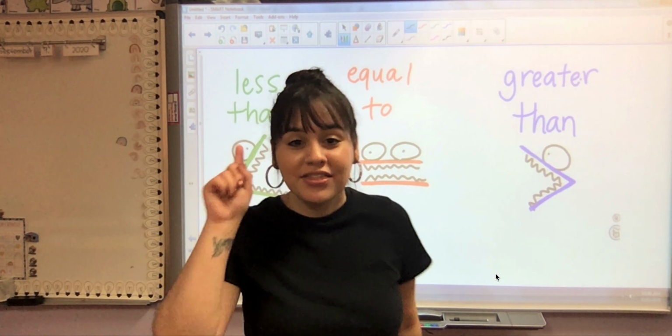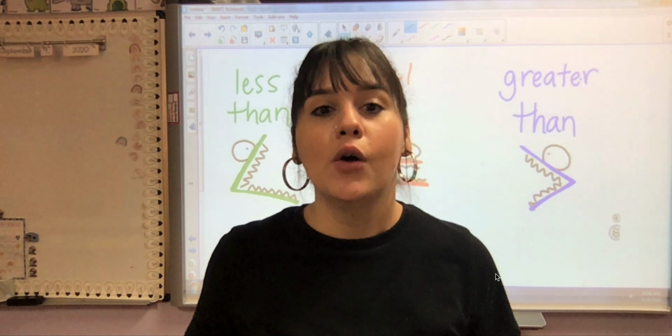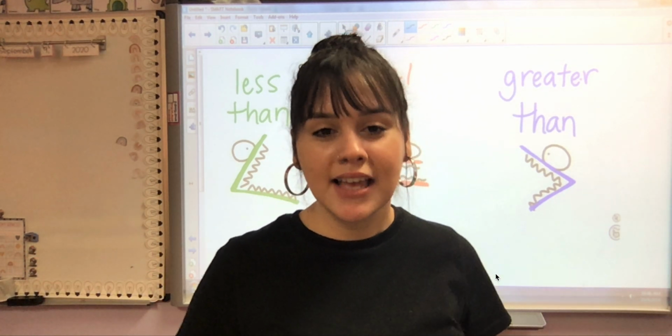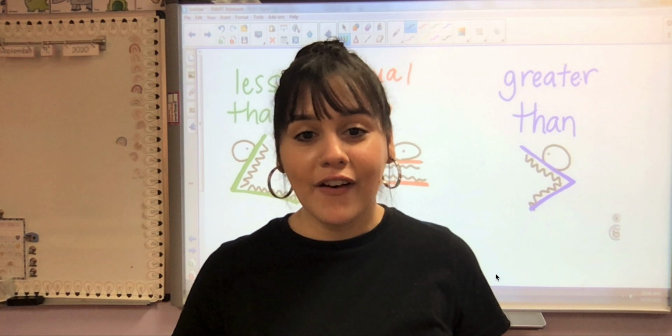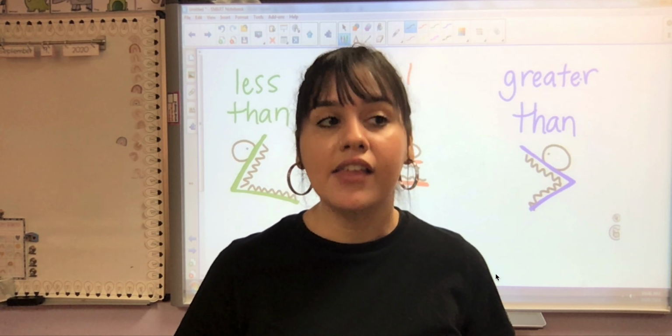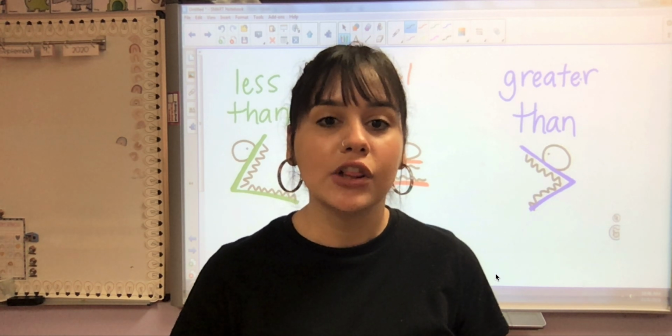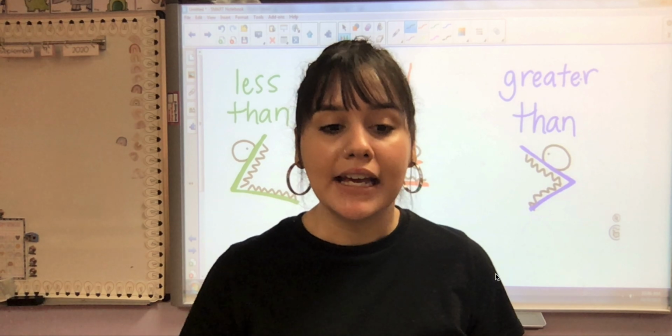But the one thing that is most important that we always remember when we're comparing two numbers is that my alligator friend, my sign, will always be eating the greatest number. And that means that he's going to be looking to eat the biggest one.